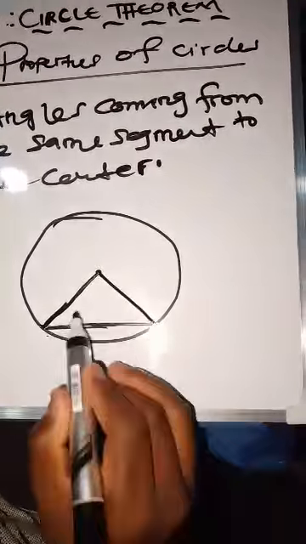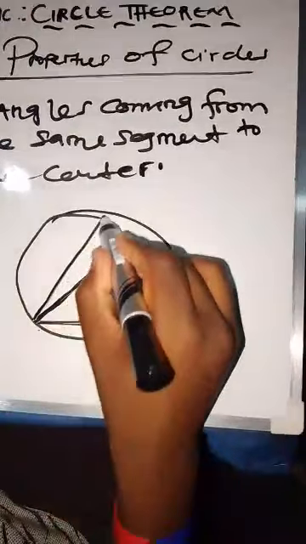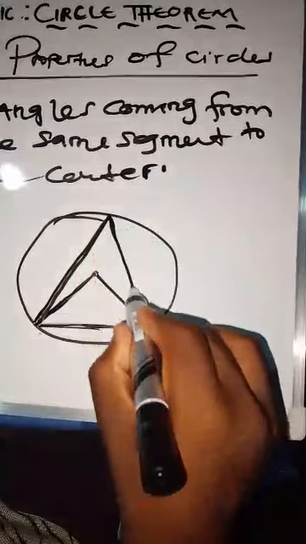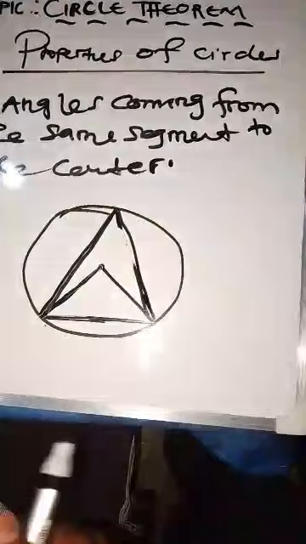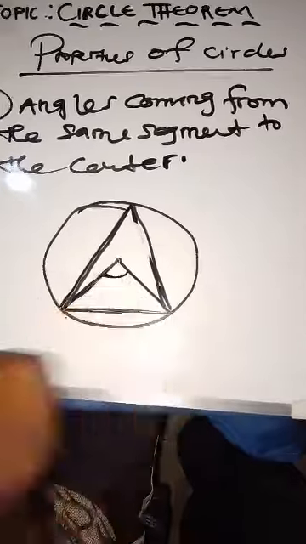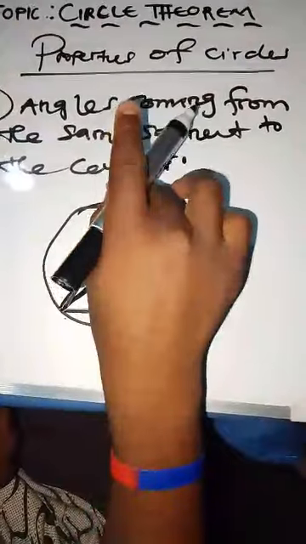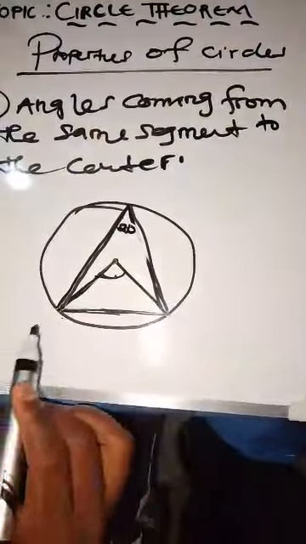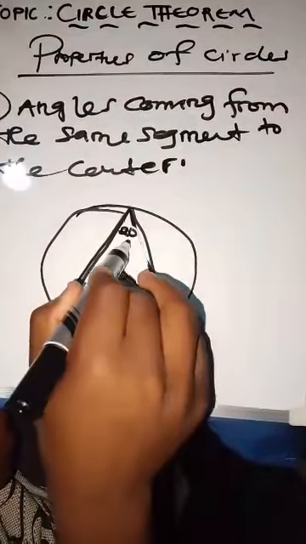Okay, then let's say you've got another one here. Okay, so this angle that is here at the center is twice this angle that touches the circumference here. So if this one is 20, it means that this one is going to be 40, because this one is twice the size of this one.